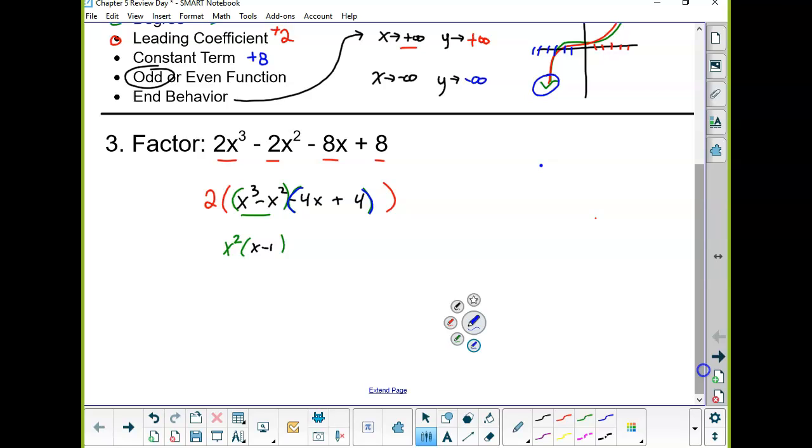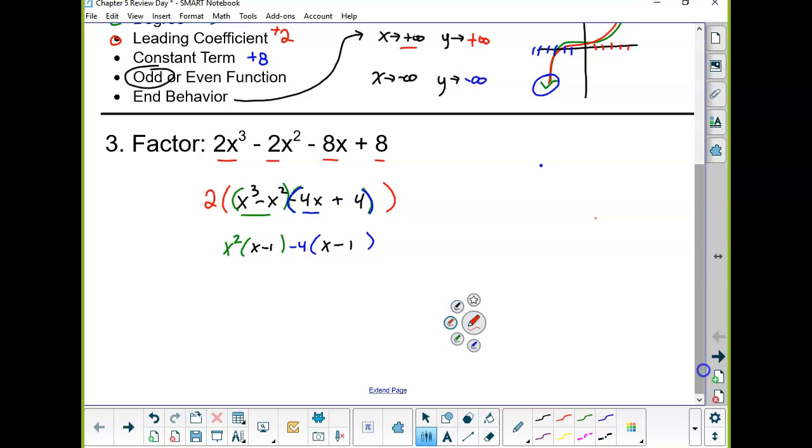From the last 2 pieces, this is where it gets a little tricky, I want to have an x minus 1 left over. So I want this first term to be a positive, so I'm going to take out the negative 4, and what's left over then is x minus 1.